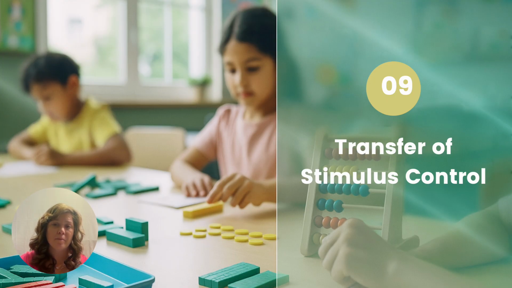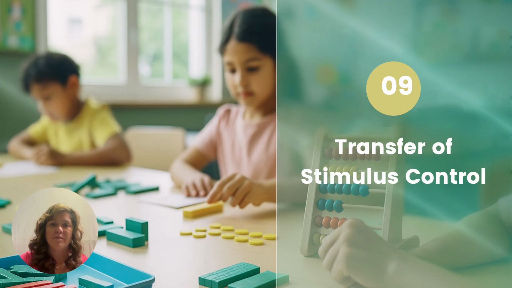Say ball, ball. We give them a chance to respond. We might use a partial prompt instead of a full one. Say ball, ball. Eventually, we remove the prompt completely. Now the word ball happens because they see the ball or hear the instruction, not because we told them exactly what to say. That's stimulus control.